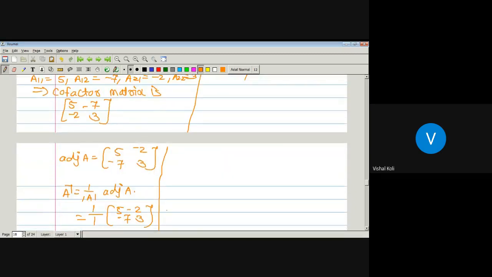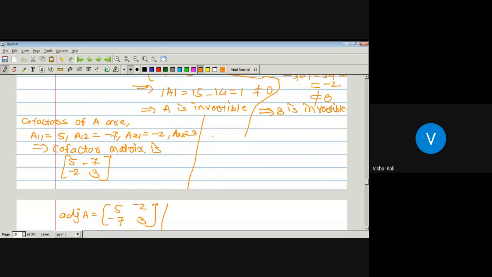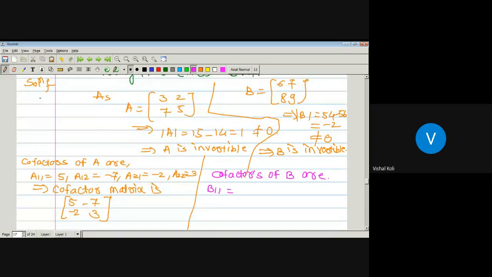Okay. So now cofactors of matrix B are, B11 is equal to minus 1 to the power 2 into 9.